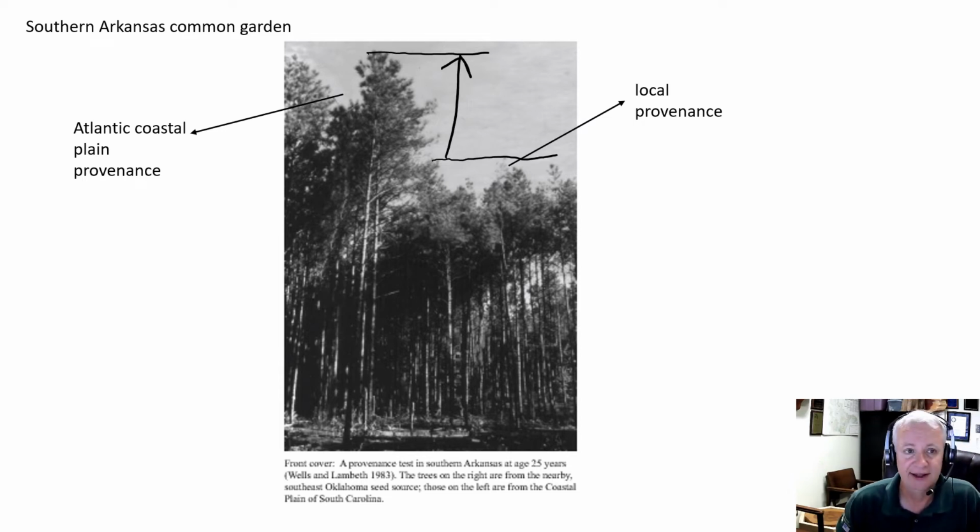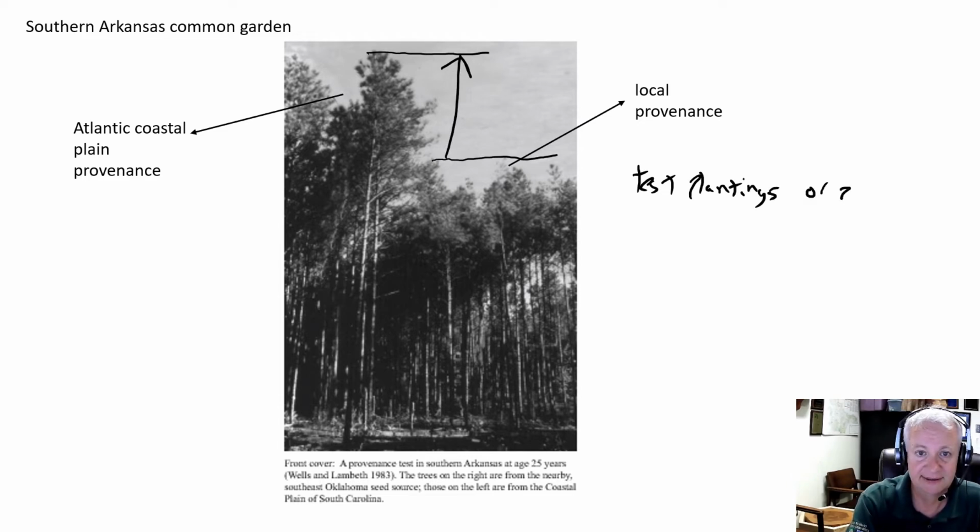So that was a situation where that risk was worth taking, and they mitigated that risk by doing test planting. So, test plantings or provenance trials are critical when you're going to take risks like this.